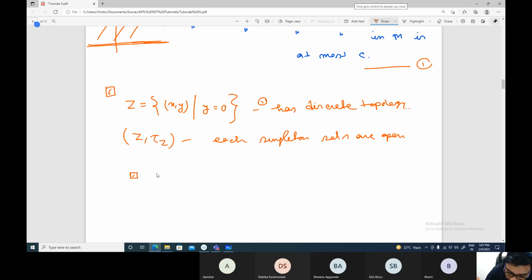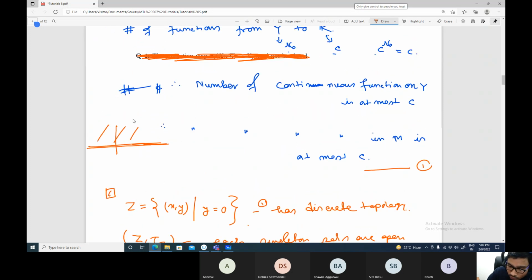Now this has discrete topology. The second thing is Z is closed in M, right? This set is closed in M. Why? Because if this is your Moore plane, and if you consider an element outside of this line, then this element has a neighborhood disjoint from this line. Therefore, this cannot be in the closure of the line. Therefore, the line is a closed set.